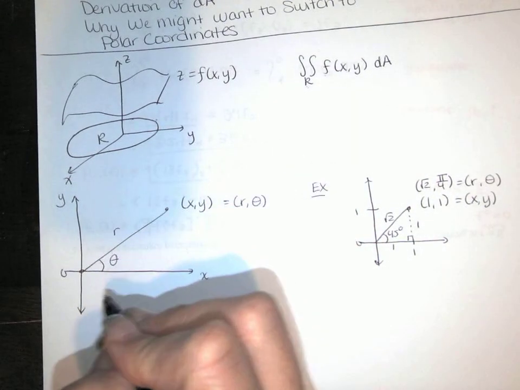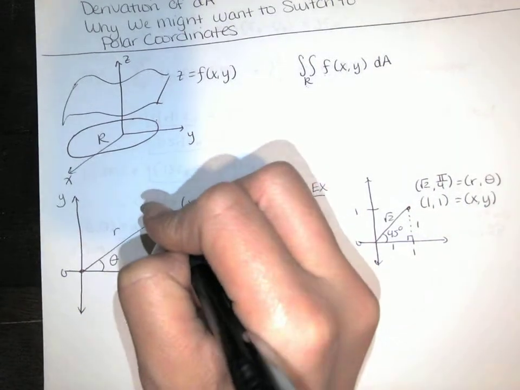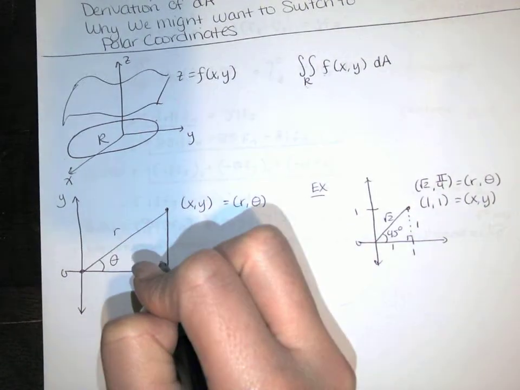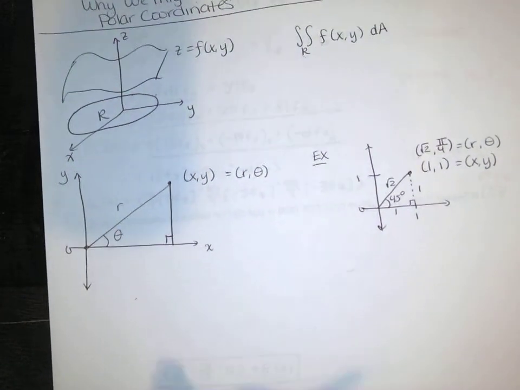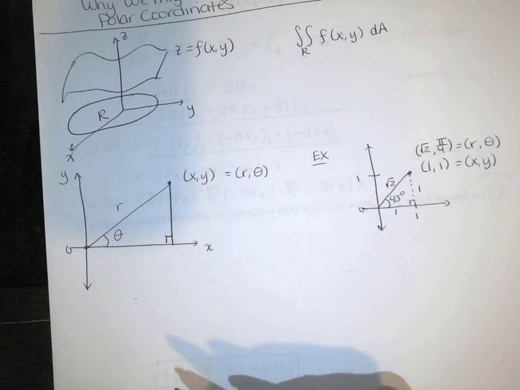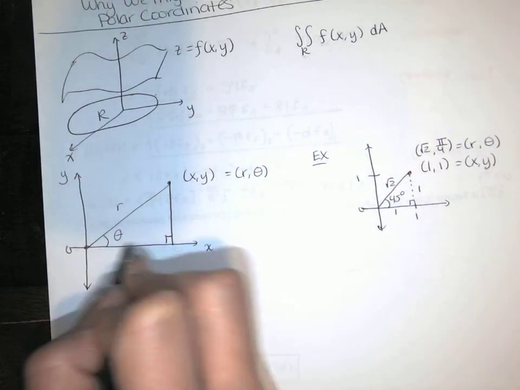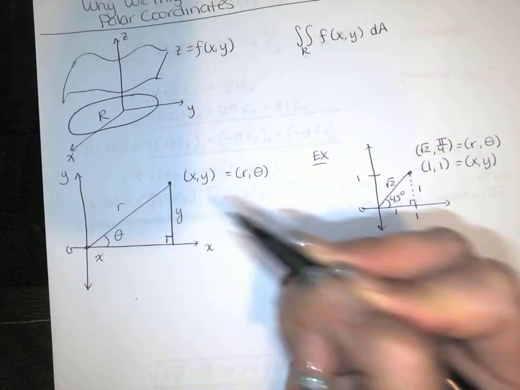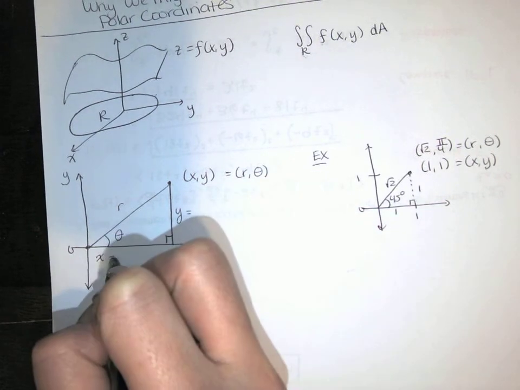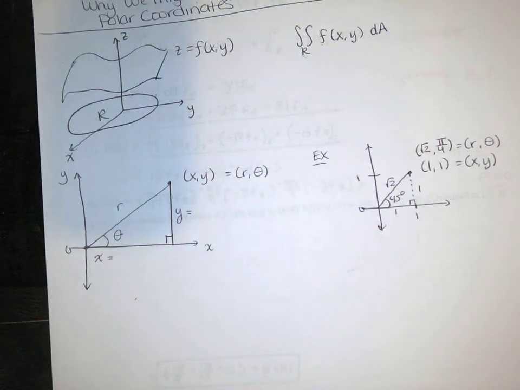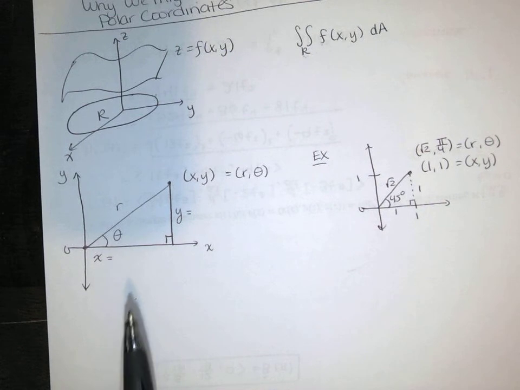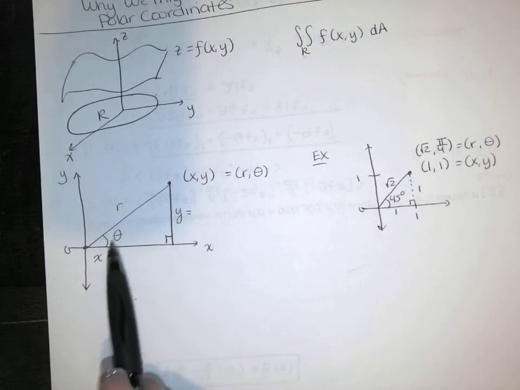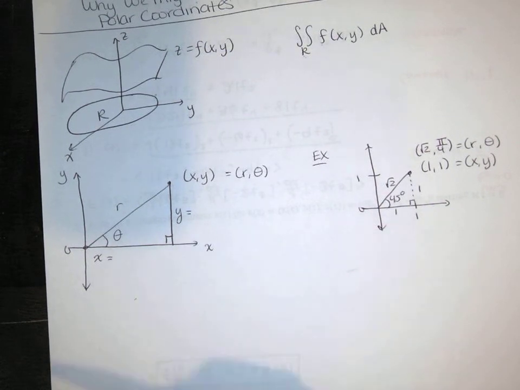Now, x, y, and r and theta are related, and it's easy to see how they're related if we draw a triangle like this. This side length is x, and this side length is y. Well, just using the definition of sine and cosine, we can write x and y in terms of r and theta pretty easily.